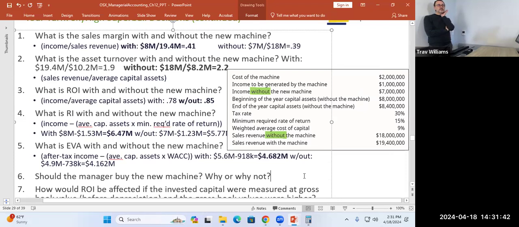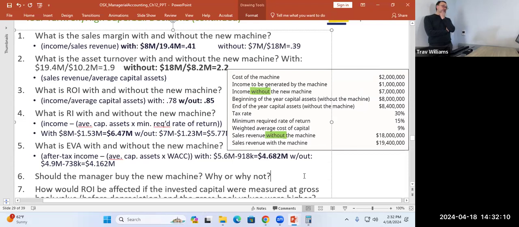Okay, it's true. Newer machines are probably going to be more reliable. Okay. We see better sales margin. We see, what's that? Residual income is better.